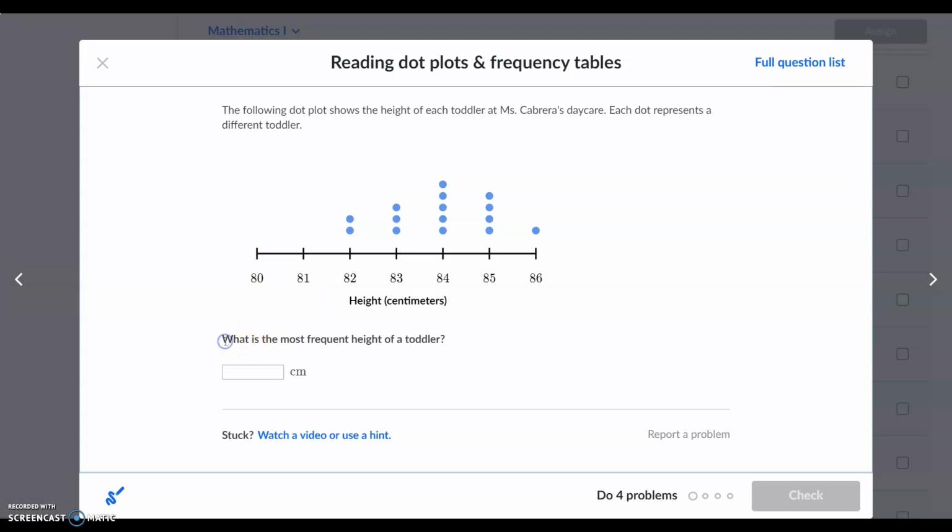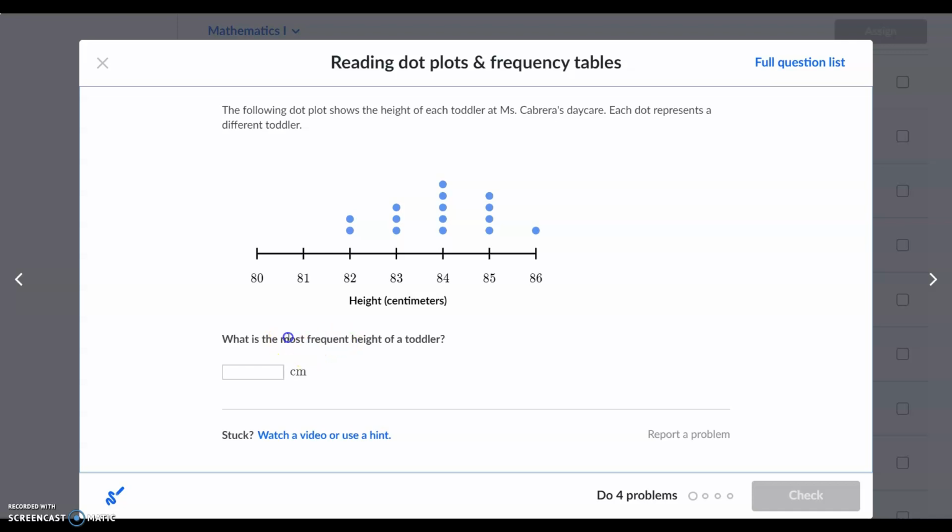Okay, question. What is the most frequent height of a toddler? Most frequent is going to mean the one that happens the most times. So the most frequency is how often something happens.